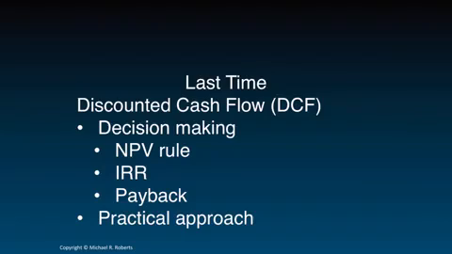And while most academics, including me, will argue that this is the best rule that you should always use, I take a practical view and recognize that other rules, such as internal rate of return and payback period, contain relevant information for decision making that, if used wisely and in recognition of their limitations, can lead to better decisions. And so that's the overarching approach we're going to take to DCF: there are several different decision rules. We'll rely on NPV, but use what we can from other decision rules.